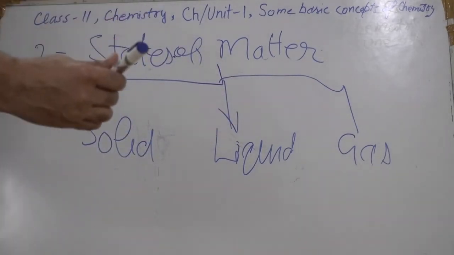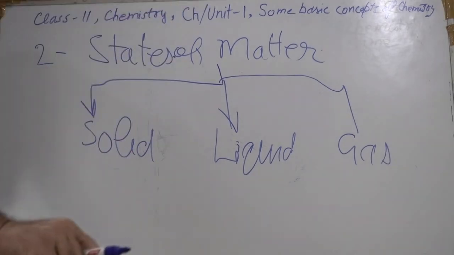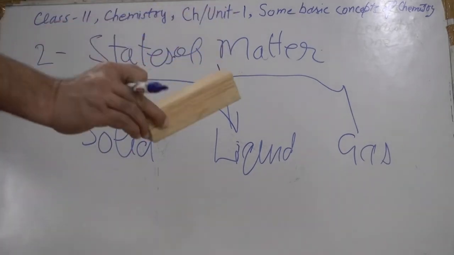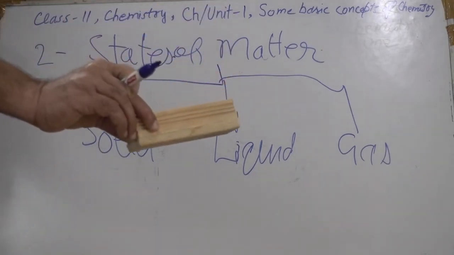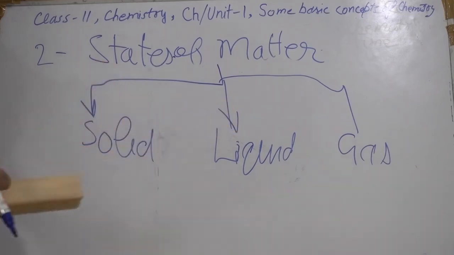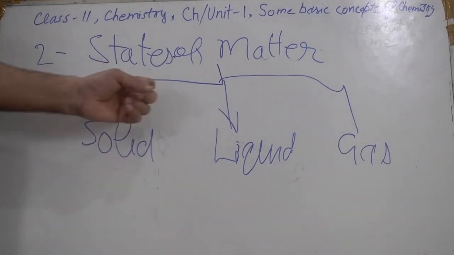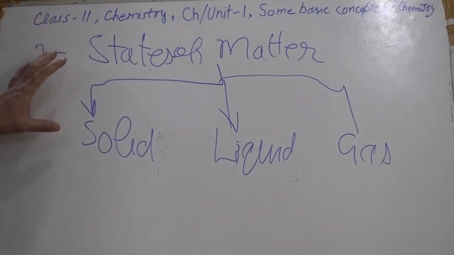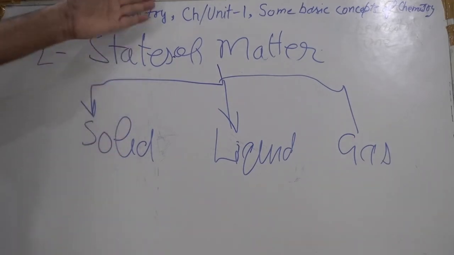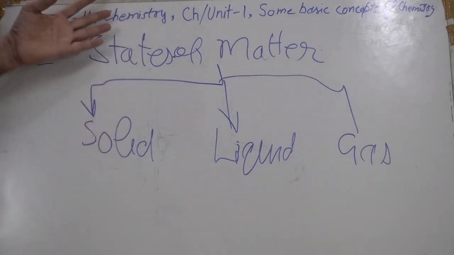Solid, this is solid, this pen is solid, this duster, this is solid, this board is solid. What are the properties of these? If we have a look at, what do we see?